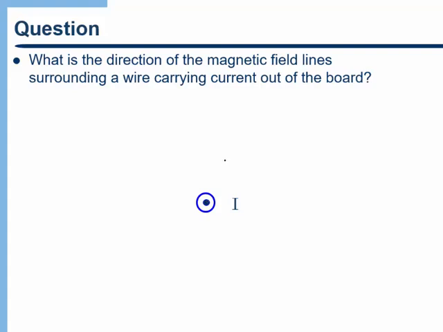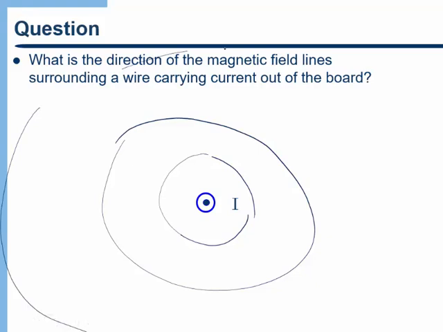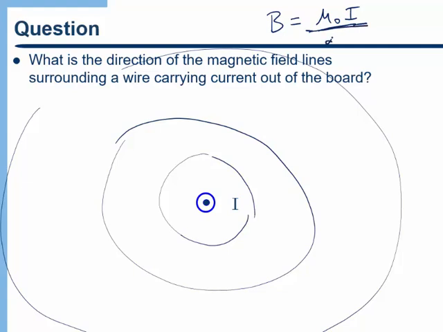What we've just said is that the magnetic field lines around a wire are circular, and I should draw them as being farther and farther apart as I go out, because we've seen that the strength decreases as I move away from the wire. Again, the strength of the magnetic field is mu naught I over 2 pi r, where r is the distance I am away.